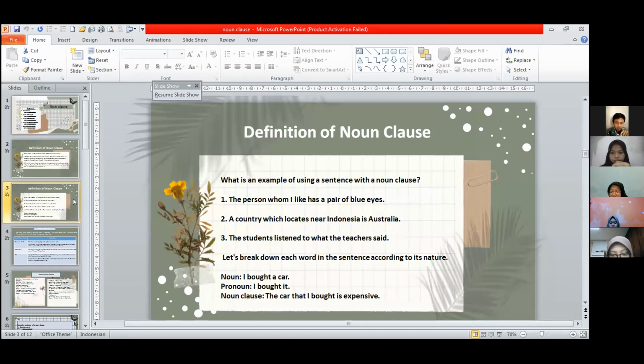Third, the student listens to what the teacher said. Let's break down each word in the sentence according to its nature. Noun: I bought a car. Pronoun: I bought it. Noun clause: the car that I bought is expensive.